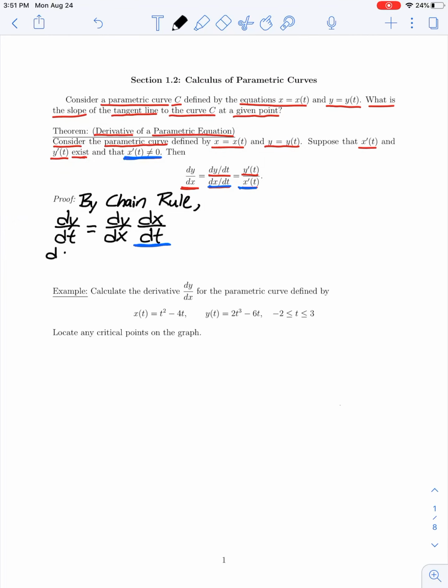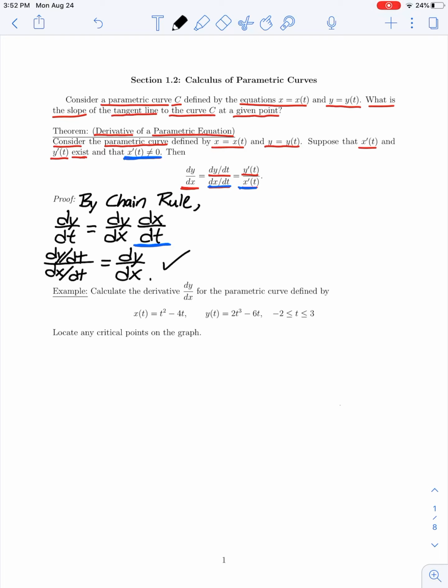And what we have is the derivative of y with respect to t divided by the non-zero derivative of x with respect to t is equal to the derivative of y with respect to x, which is the result that we wanted to establish. So now we have a way to find the slope of the tangent line to a parametric curve, making use of this new formula. Let's look at an example of this.